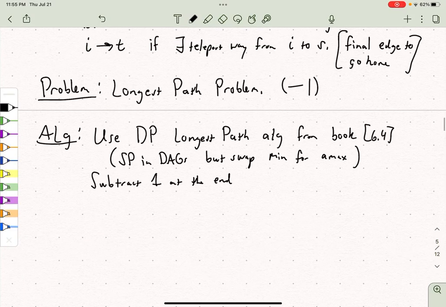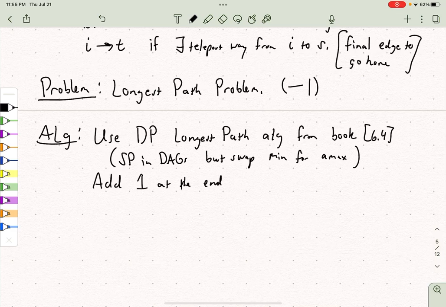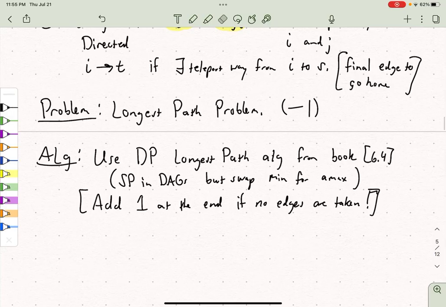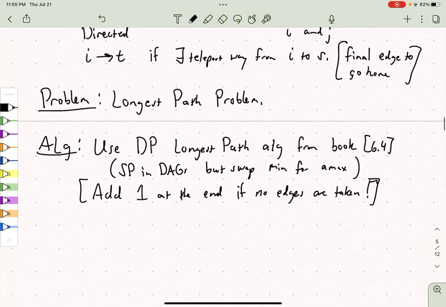So we only add 1 at the end if no edges are taken. And that would only happen if there are no cycles in the entire graph. So this typically would never happen. This is just a subtle case. You don't really have to worry about it. But just something to think about.